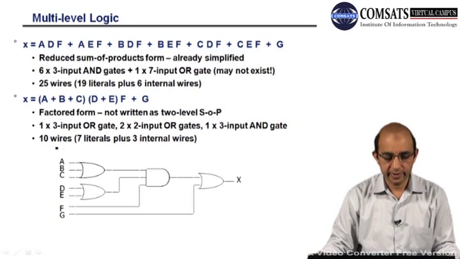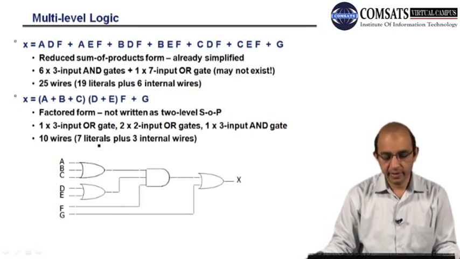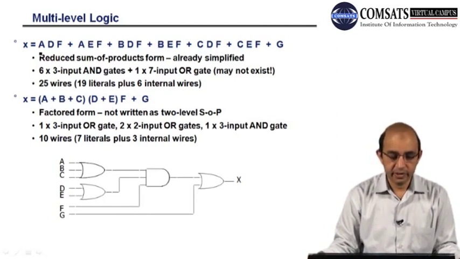If you look at the wires, here 25, here 10 literals, we have fewer literals, and the internal wires are also fewer, right? And the expression is the same. If you want to compare this expression and this expression, they are the same, right?